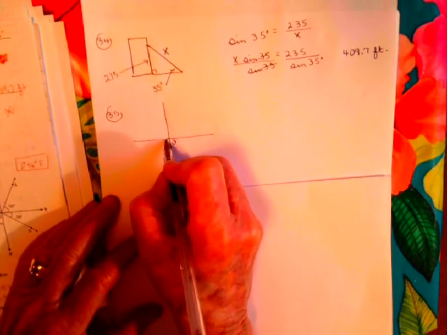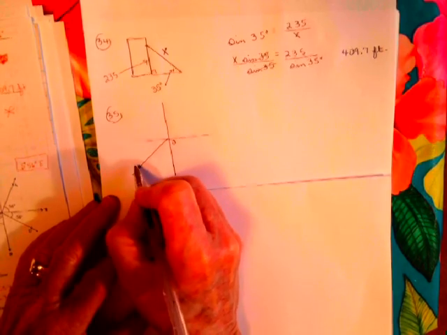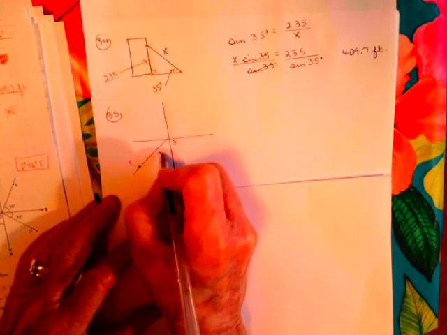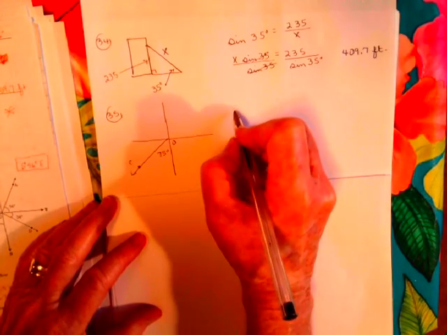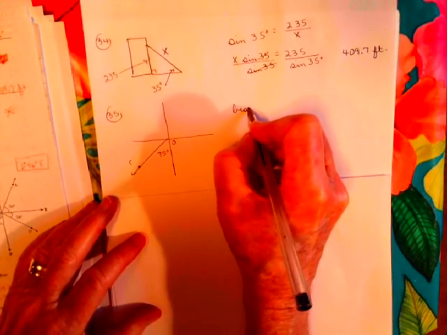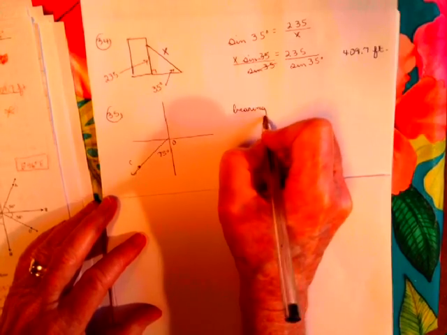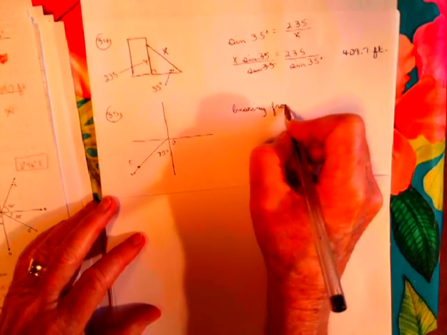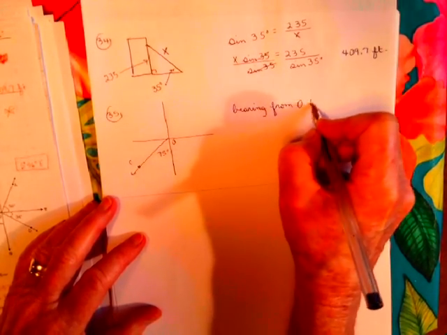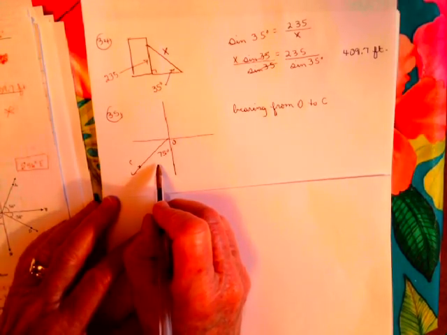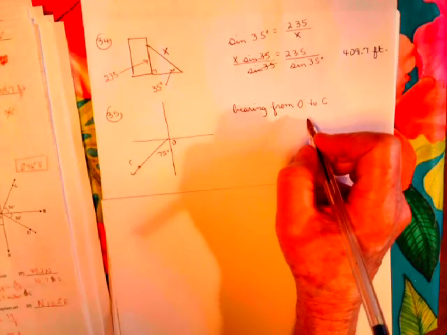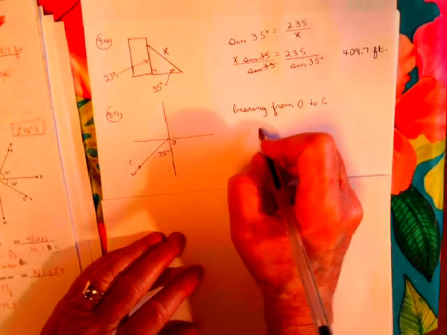We have O. We have C. This is labeled 75 degrees. I want to find the bearing from O to C. Well, it's already labeled for us. It's 75 degrees, but we got to tell them the direction.